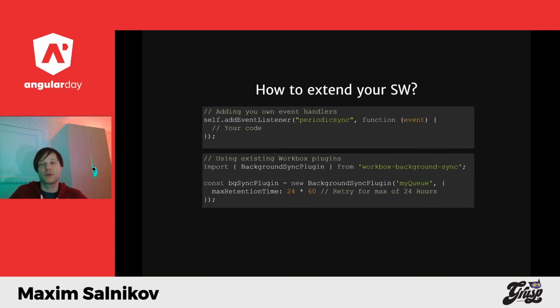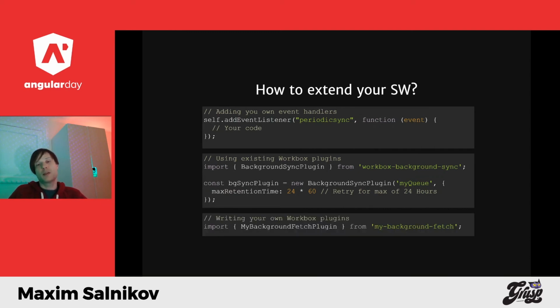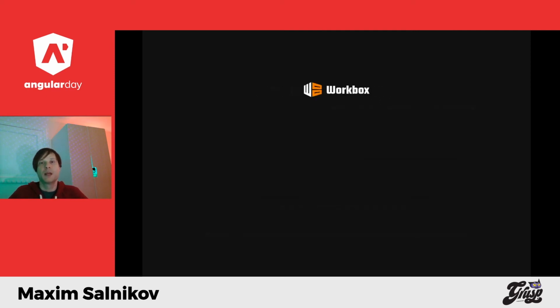We just apply it to one of the routes. Or maybe we can write our own Workbox plugin to complement this or that part of offline readiness. So there are tons of options, and Workbox keeps the service worker available for us.